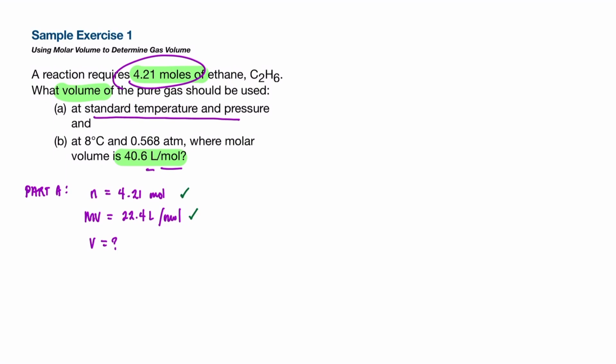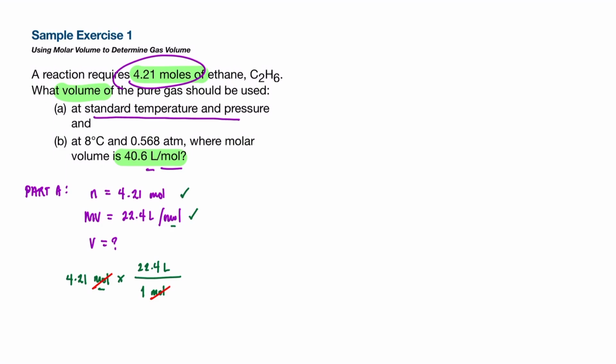So we can write 4.21 moles of ethane multiplied by the conversion factor, which is the molar volume. And since the given unit is mole, that mole will also be in our denominator, which is 1 mole, and the 22.4 liters will be in our numerator. And then we can cancel the mole units and we will end up with liters as our desired unit or final answer.